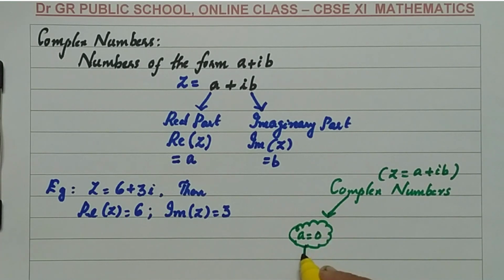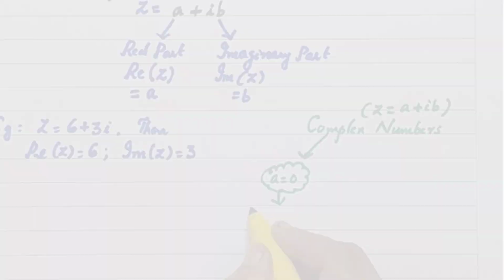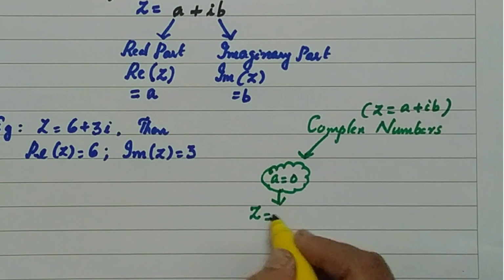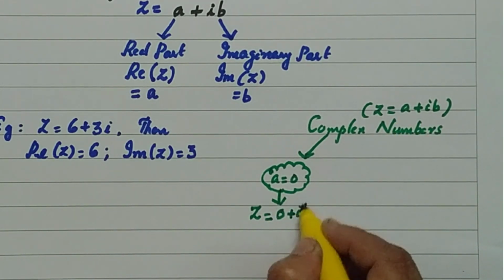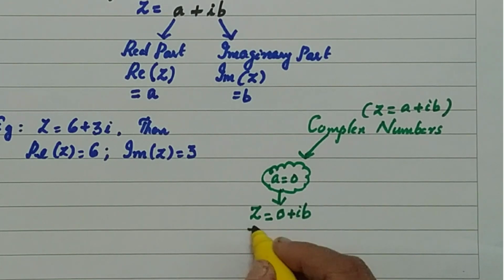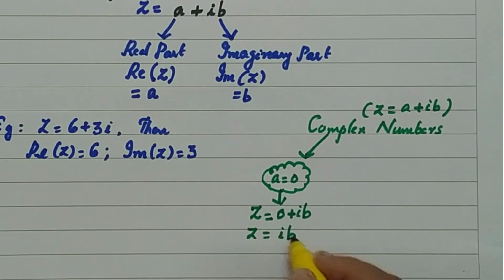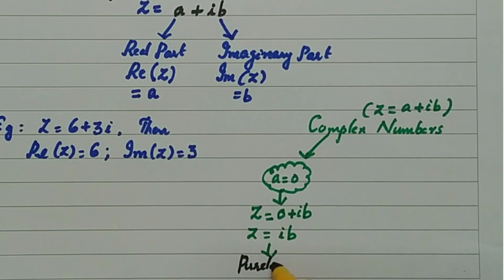When a equals 0, z becomes 0 plus ib, which is equal to ib. ib is a number which is purely imaginary. No real part, so purely imaginary. Remember this condition: when a equals 0, the number becomes purely imaginary.